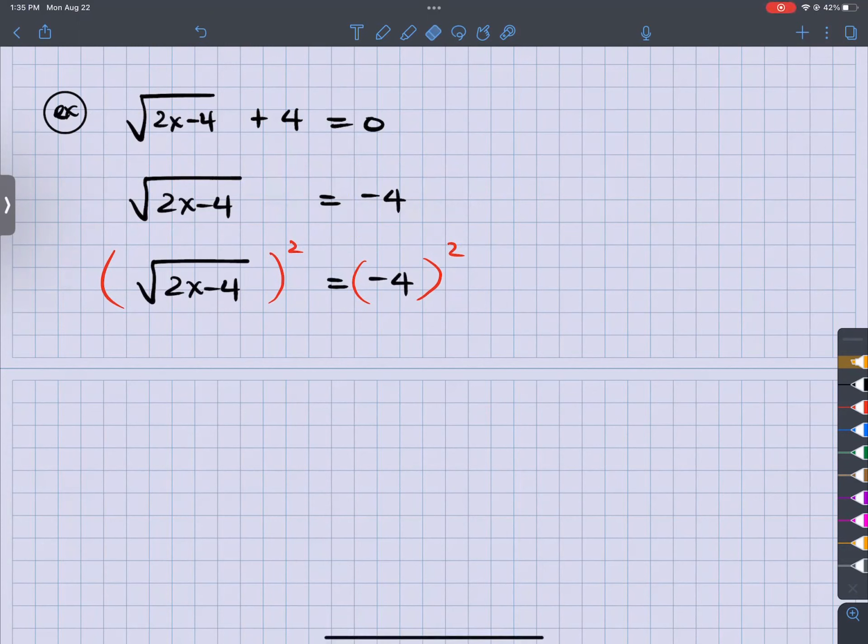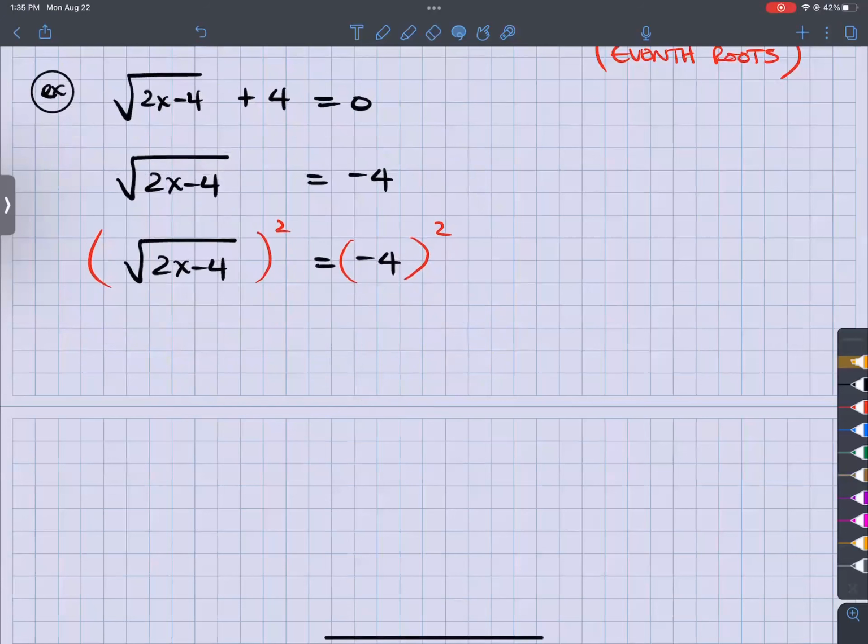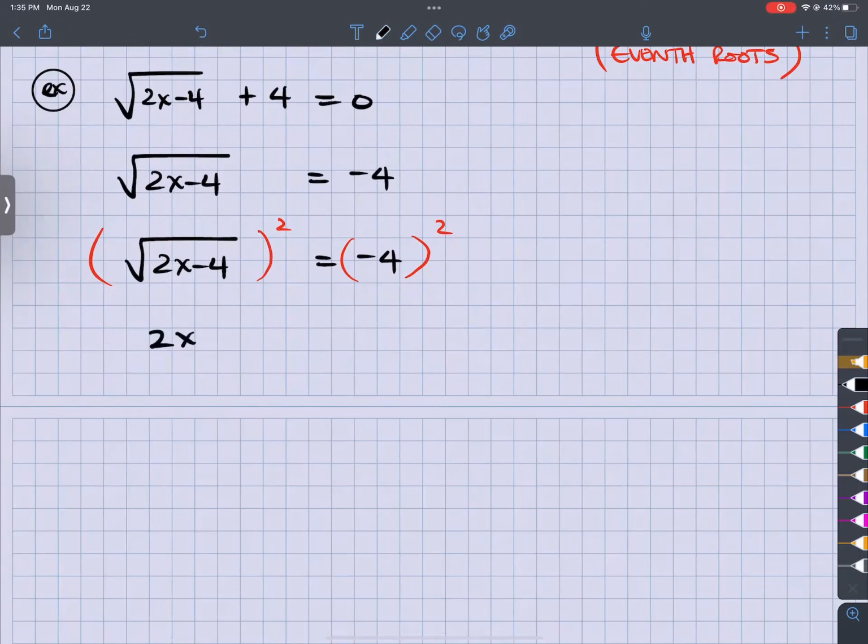So, all right, and then what? Go for it again on the other side. Oh, okay, so you're saying that this will become 2x minus 4 is equal to 16? And then add the 4. Like that? Just like that.